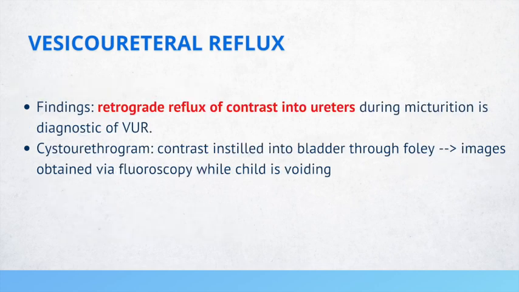Findings of this condition include retrograde reflux of contrast into ureters during micturition. A cystourethrogram consists of instilling contrast into the bladder through a Foley, and images are obtained via fluoroscopy while the child is voiding.